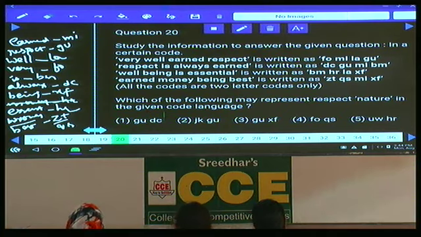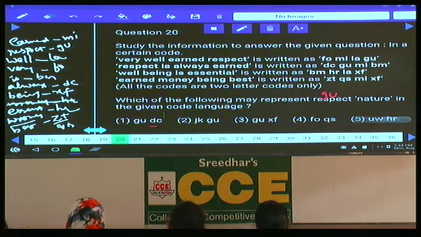Then question number 20. And nature. What is the code to this word nature here? Which of the following may represent respect, nature in the given code language? Respect and nature. Respect is GU, and the word nature is not present here. The code to this word nature should be something different from the given codes. Tell me what are the codes here? GU must be here, DC. Now tell me whether DC can be the code to the word nature?